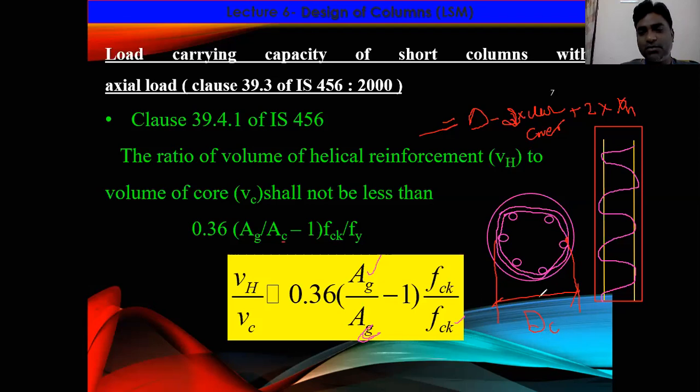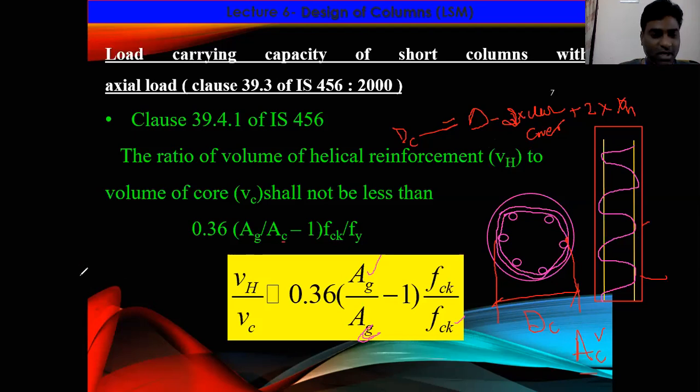So if you know the DC, you can calculate the A of C, that is pi DC squared by 4. You will get the area of core. If you know the area of core, then you can multiply by the pitch of the helical reinforcement, from here to here.